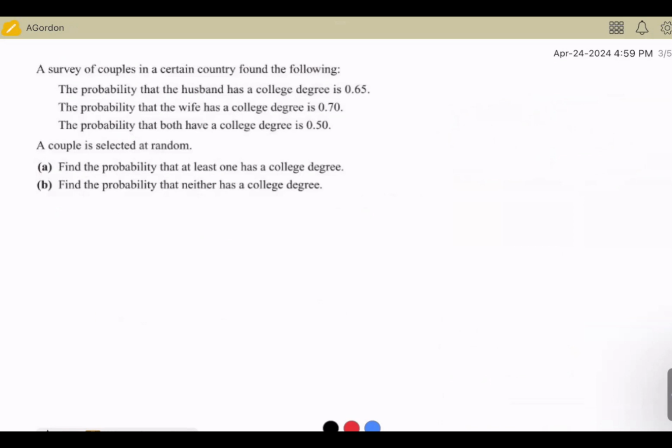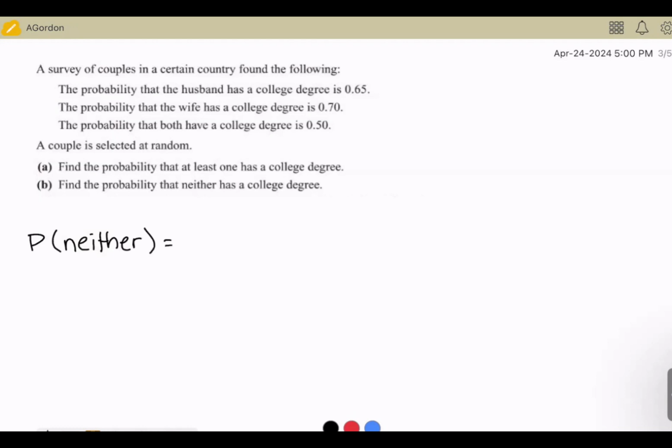So let's look at part B, and let's see what's the probability that neither of them have a college degree. So neither of them having a college degree is the complement, in terms of sets, of at least one having a degree. So the probability of neither is the complement of the probability of at least one.